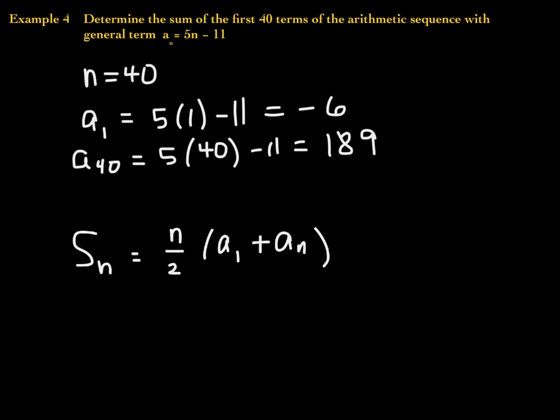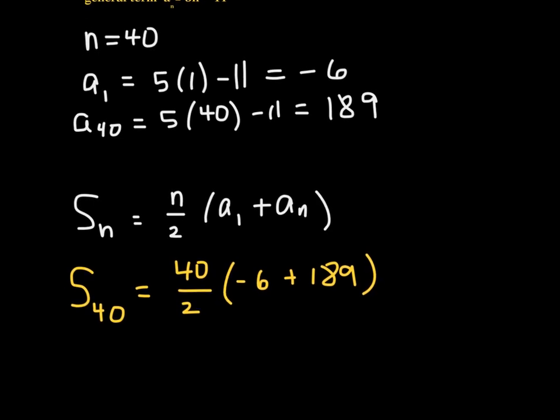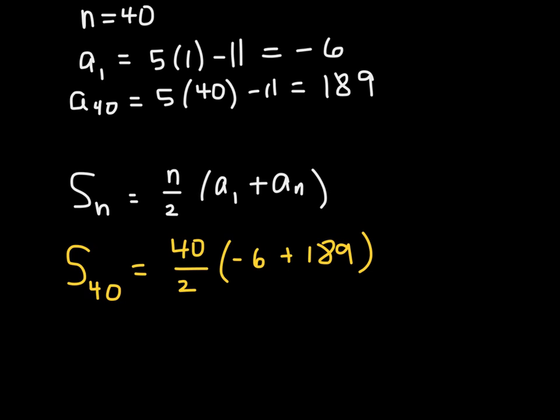So here it is. Here's our formula. And so the sum of the first 40 terms of the sequence is equal to 40 divided by 2 times negative 6 plus 189. Look how cool this formula is. I don't know if we really can appreciate it unless you are asked to do this the long way. And again, the long way is to list out all 40 of those terms and then start adding them one at a time. That'd be crazy.